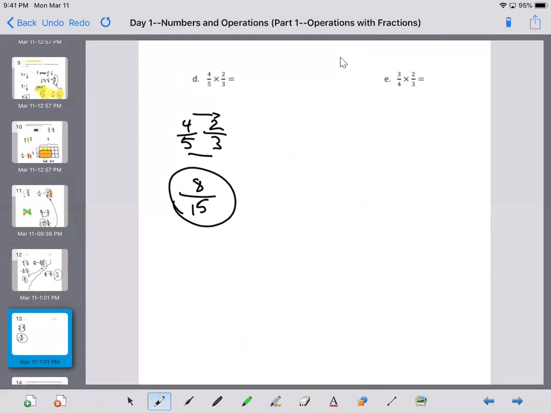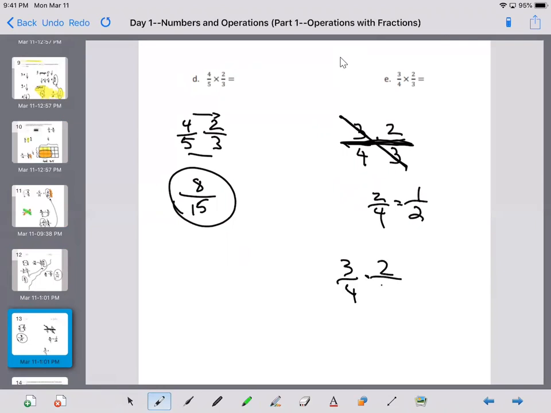And then 3/4 multiplied by 2/3. I can look diagonally. And one way to do this is to see that I could draw one division bar, and then you would see that those factors would divide out. You're left with 2/4, and 2/4 would be the same as 1/2. Another way to look at that is if you wanted to use commutative property, so this would be 3/3 multiplied by 2/4.